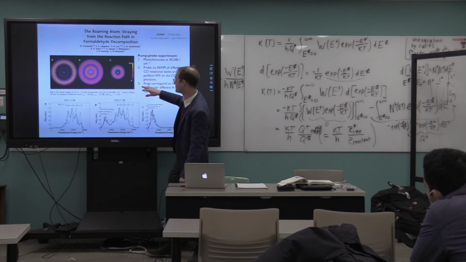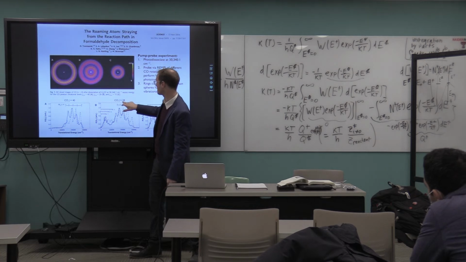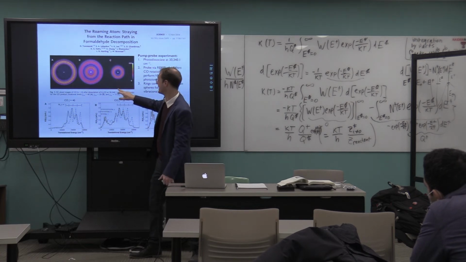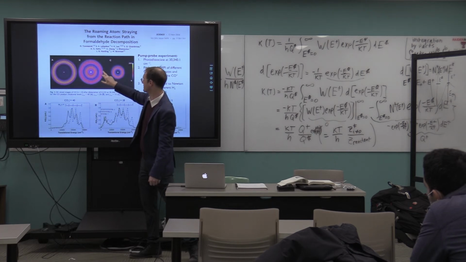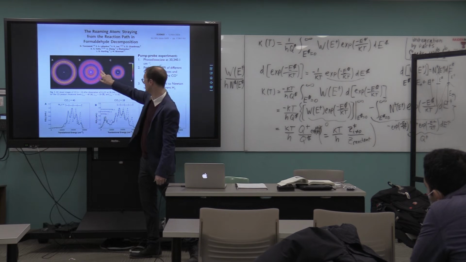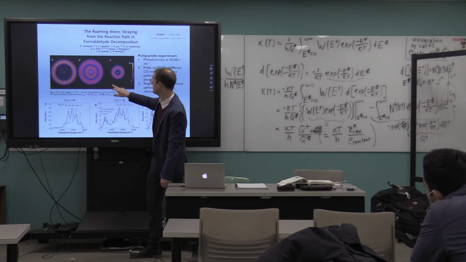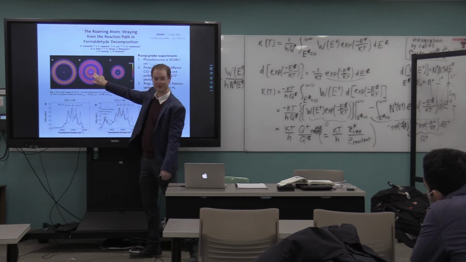But if you go to lower CO rotational energy, then you start to see a bimodal distribution. This distribution of vibrational states of the H2 goes through a maximum here at about V equals 2 or 3, then goes through a minimum, and then goes through another maximum at a higher V state.